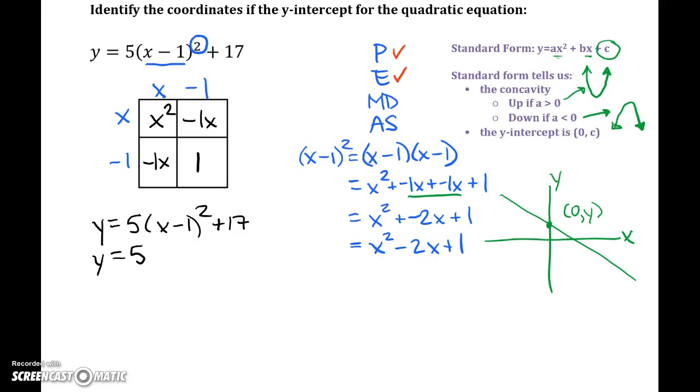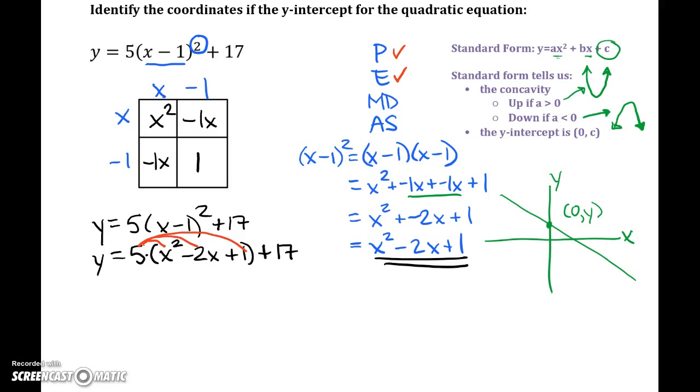So I have 5, and then this becomes our value from over here, which is x squared minus 2x plus 1, and then we still have the plus 17 on the end. So we need to take care of the multiplication, which is this 5 out front. So what we need to do is to distribute the 5 to the 3 terms inside the parentheses.